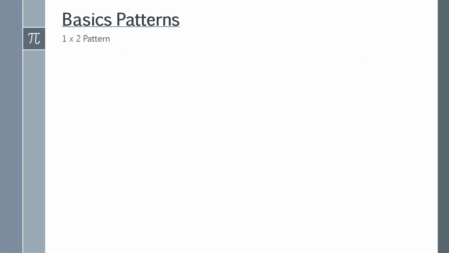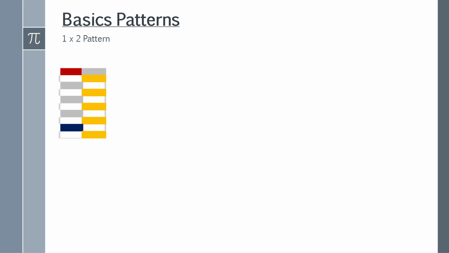I want to go back to our patterns, to how the primes get set up. 1 times 2 is our original pattern. This is what it looks like visually if you're looking at 2 numbers, yellow being all the numbers divisible by 2.